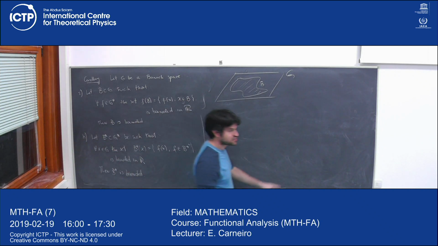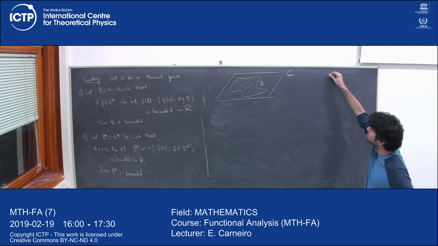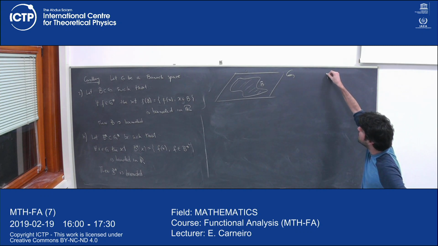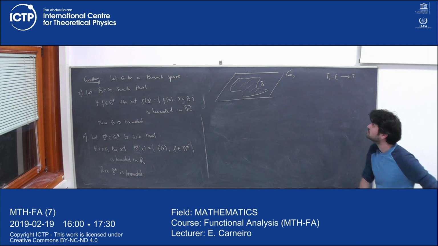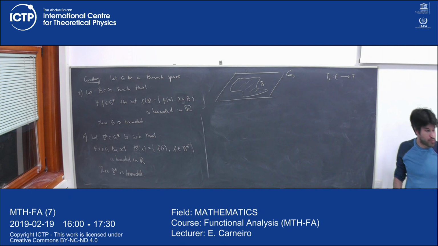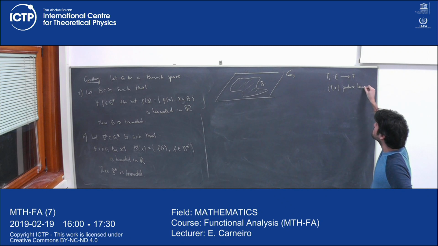Now remember, let's try to adapt the situation to use the Banach-Steinhaus theorem. In the Banach-Steinhaus theorem, I had a bunch of operators Ti going from a certain space E to a certain other Banach space F, that were pointwise bounded. So Ti of x was bounded for each x.